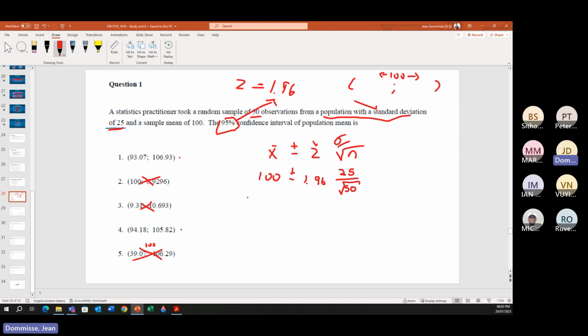Okay, so let's quickly work it out. It is 100 plus minus. So if I take 25 divided by the square root of 50, I'll multiply that answer by 1.96.